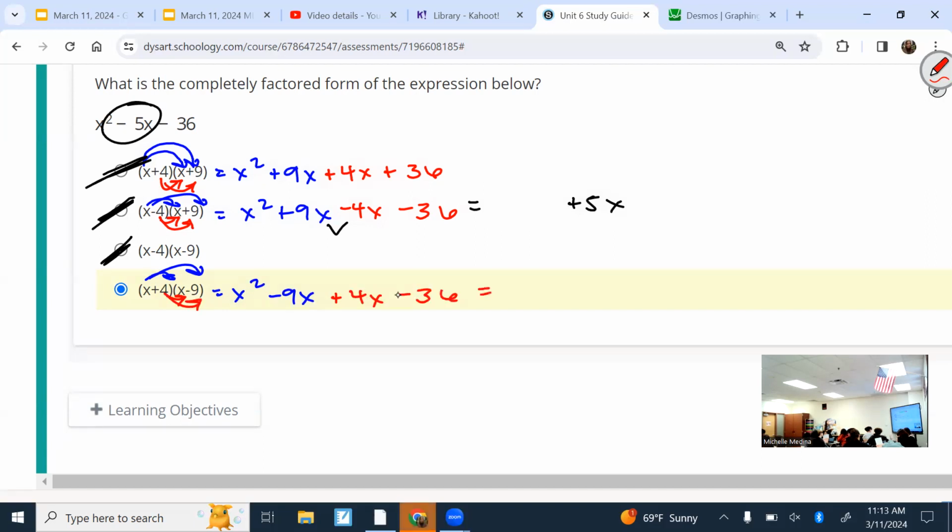And now when I combine like terms, what's -9x plus 4x? Now it would give me the exact same thing that was originally given to me. So that's what you'll have to do tomorrow. Tomorrow, it won't be something that you can just graph and see if it gives you the same graph. Questions on this one? Questions on any other parts of the study guide?